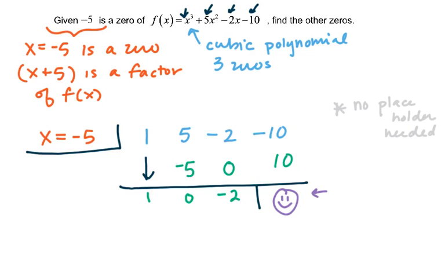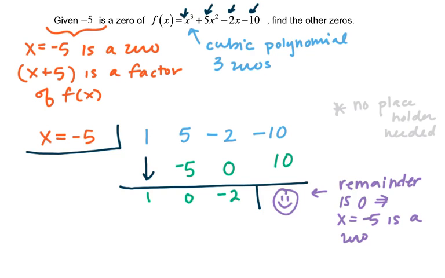And so what we know, if the remainder is 0, then x equals -5 is a 0. And we were told that when we started the problem. Okay?